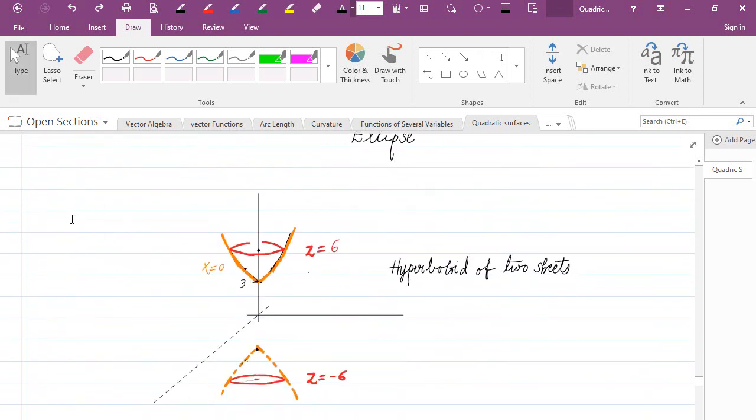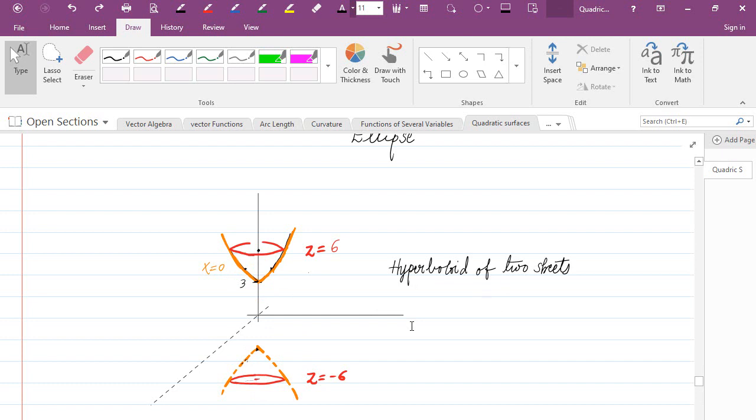So if we put together the yz trace here, and the traces in planes z equals k, we get these ellipses. So we see the shape of the surface now, and this is called the hyperboloid of two sheets, for obvious reasons, because there are two parts here.